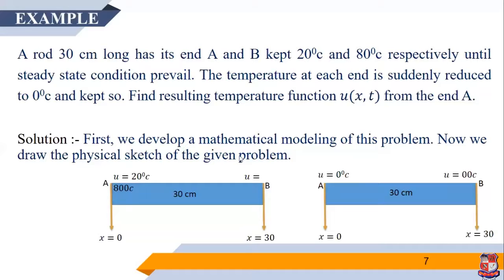The temperature at each end is suddenly reduced to 0 degree Celsius. So find the resulting temperature function u(x,t) from the end.